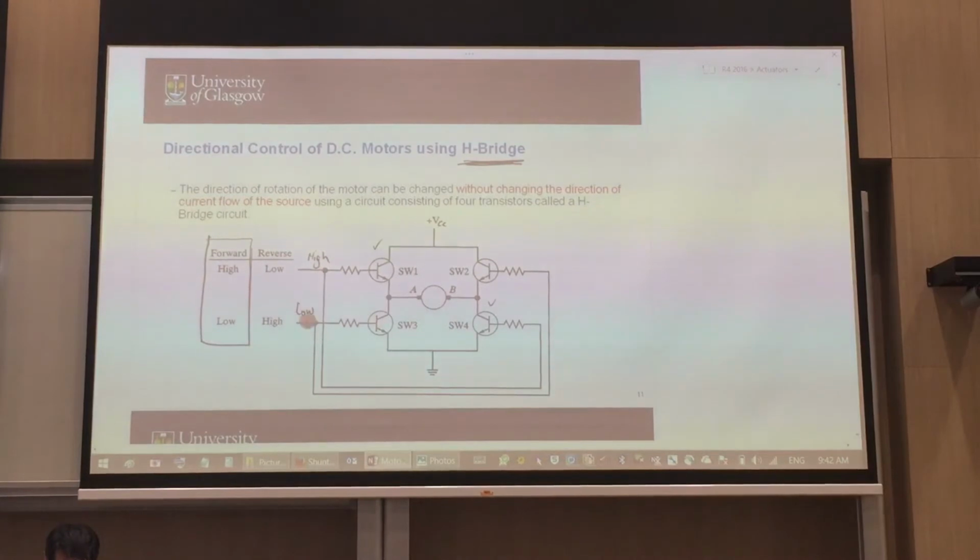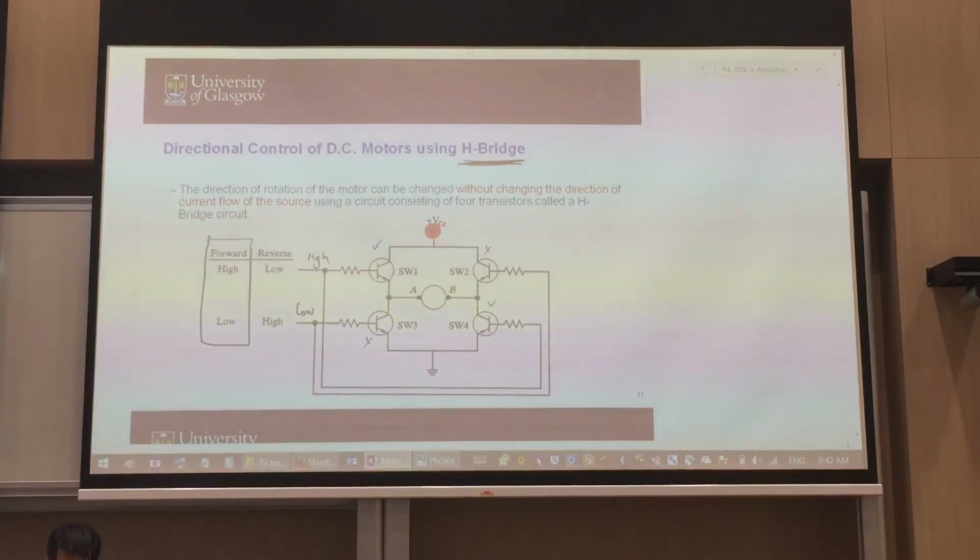The other two, you have a low signal going in, so this is off. So essentially this is like a broken circuit. You break the circuit over here, and the other one over here, you're breaking that circuit. So now you have this and that as on.